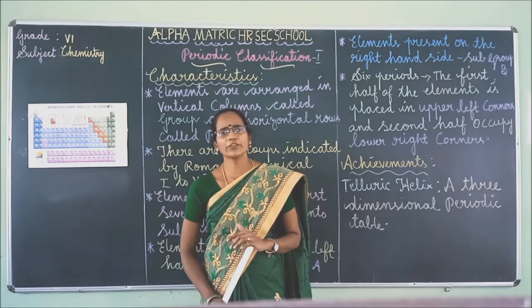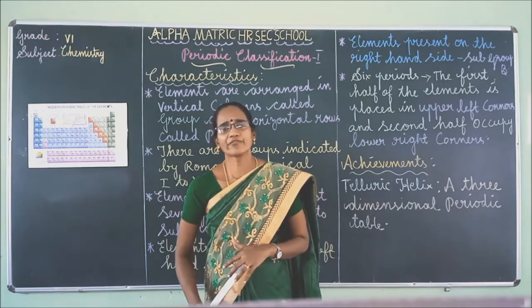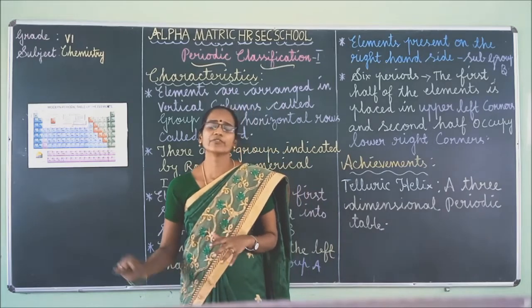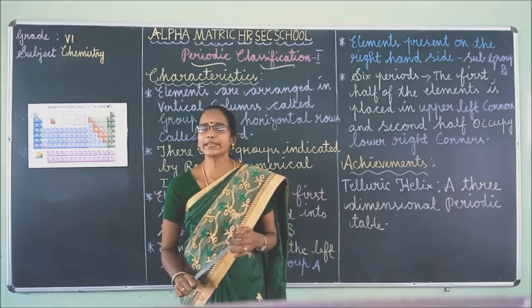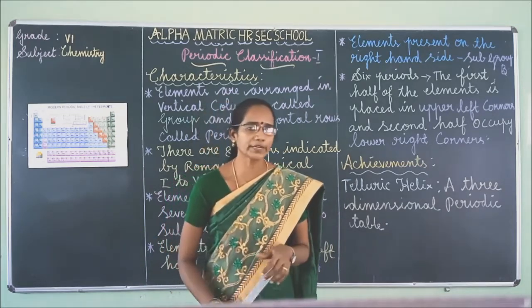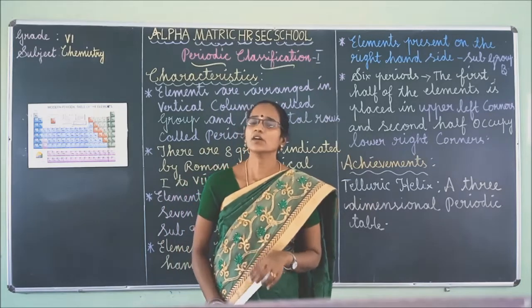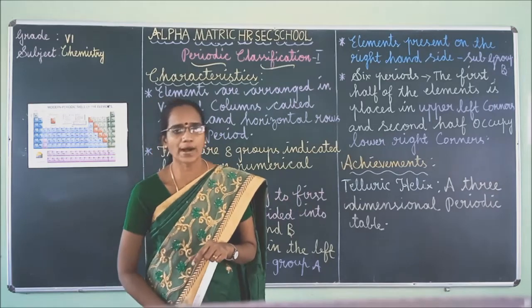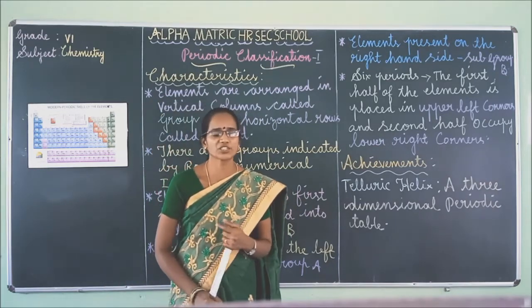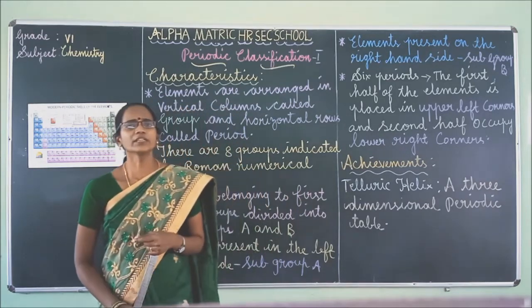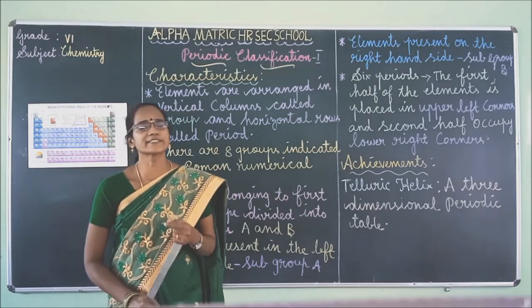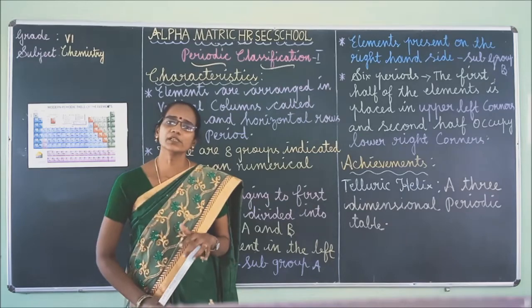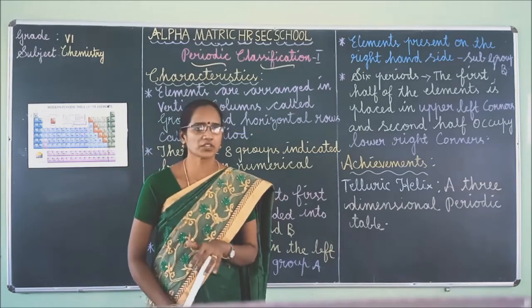According to Mendeleev, the physical properties as well as chemical properties of the elements are periodic functions of their atomic mass or atomic weight. After the rejection of Newlands' law of octaves, Mendeleev's periodic table came into the picture.